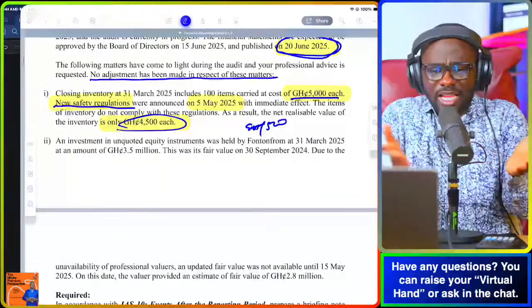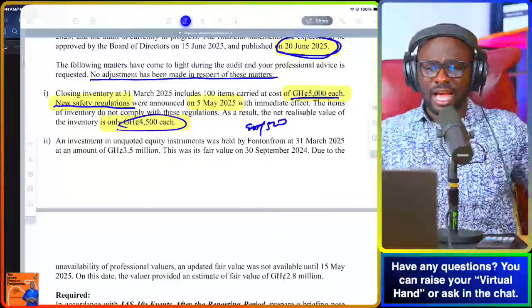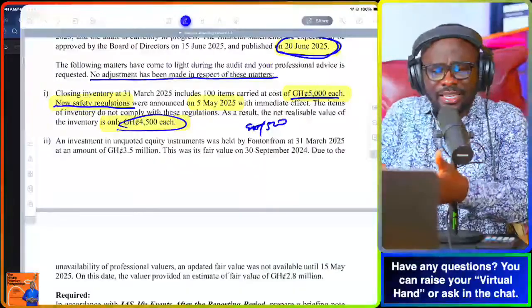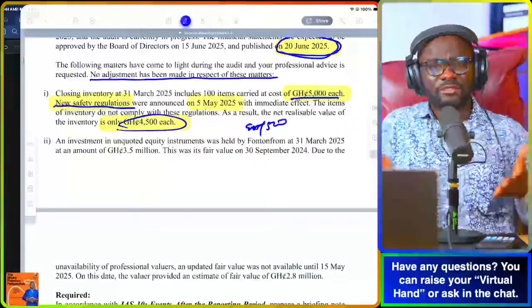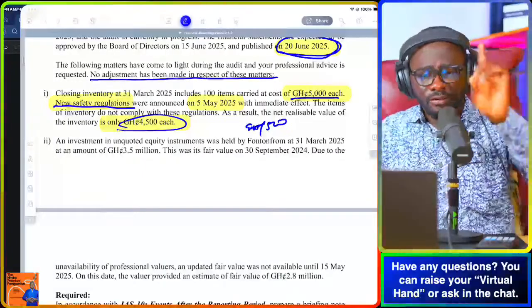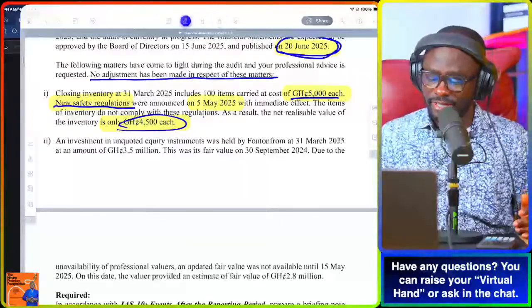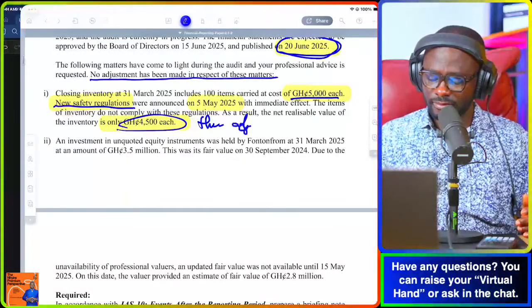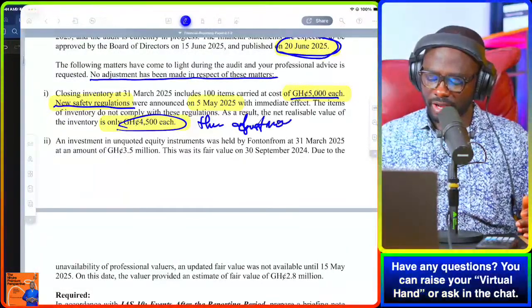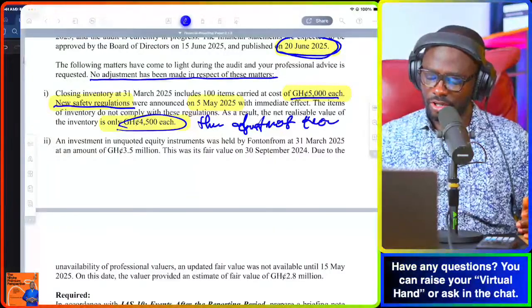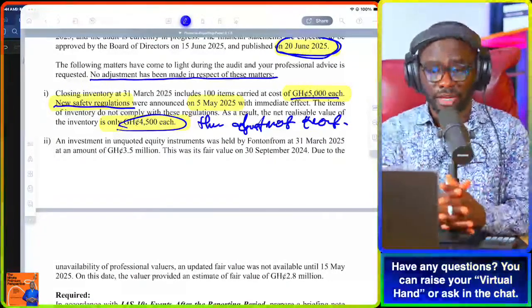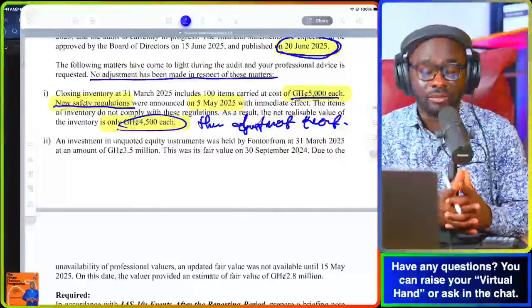So it means there is no indication at the reporting date that there will be any new safety regulations. For that reason, this is a non-adjusting event, but could be considered material. Hence, a disclosure may be appropriate in the note to the financial statement. That is all. We are done.